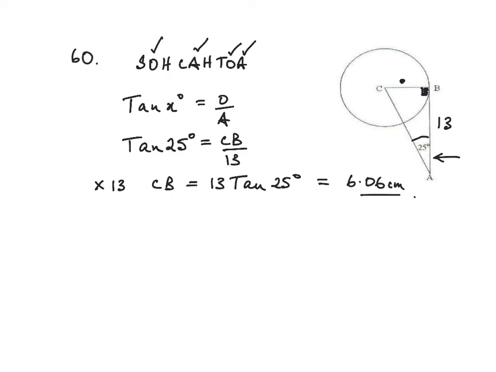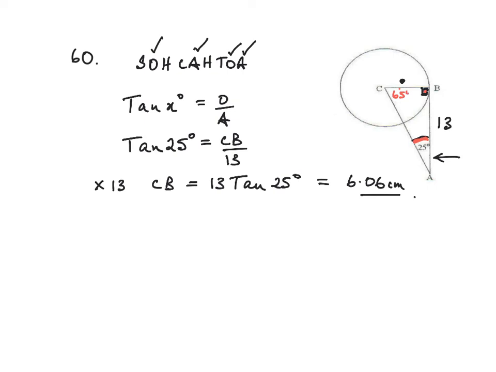I want to work out the area of the shape. What I'm going to do then is to calculate the area. Well, let's see. This angle here is 25 degrees. We know that this one's a 90-degree angle, so that leaves this one here as 65, which is very important.